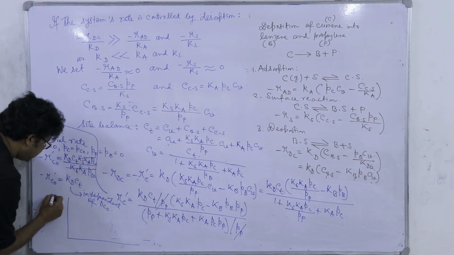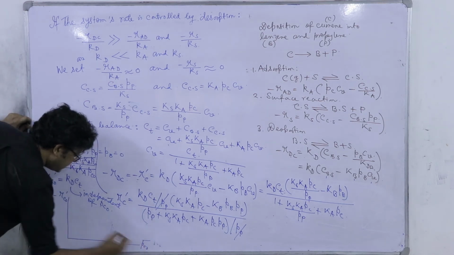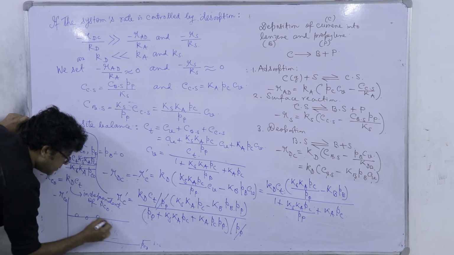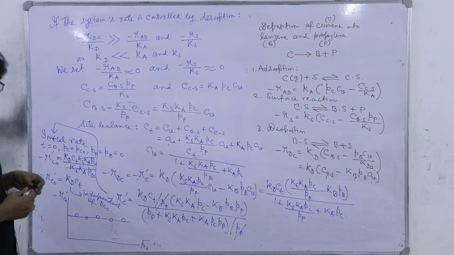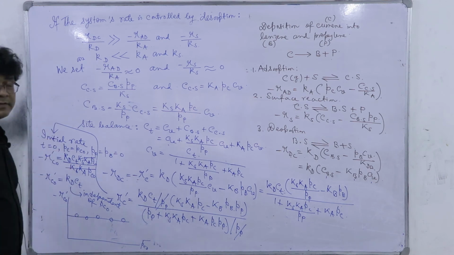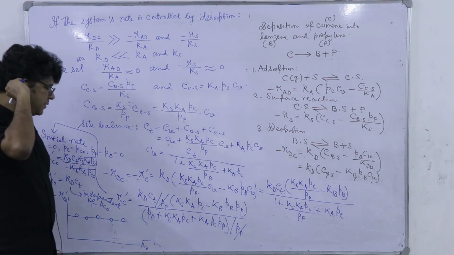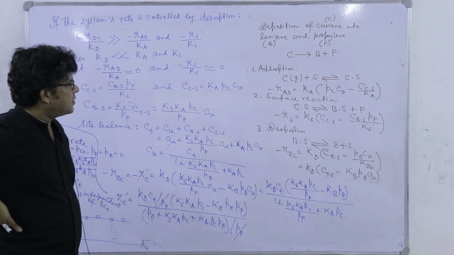So, we have 3 different regimes, you see. Minus R_CO naught divided by Pc naught will be a flat line. If it is flat, independent of PCO, then it is desorption controlled. If throughout it is proportional to the initial partial pressure of cumin, then it is adsorption controlled.